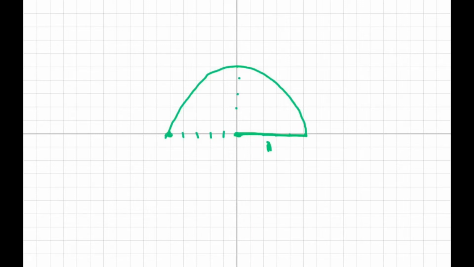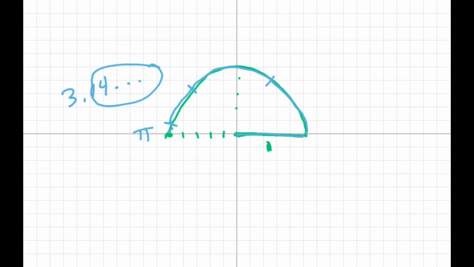So if you take the length of this 1, it'll go around 1, 2, 3, plus a little bit. So that would be pi, 3.14. This little bit is this number right here. And that's where we come up with radians.